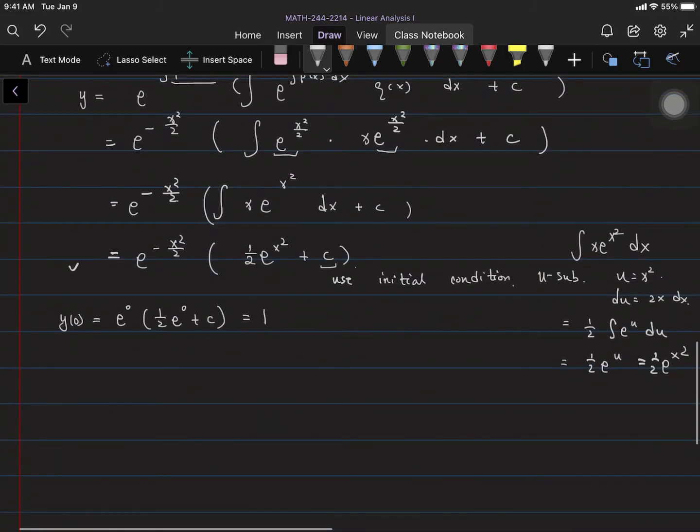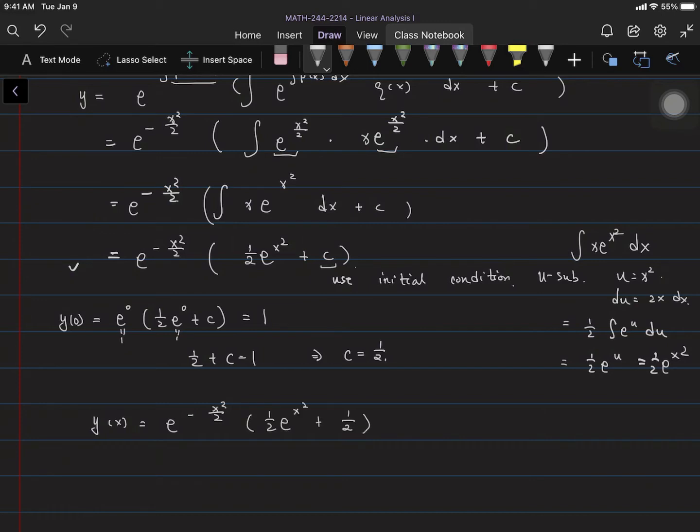Okay, simplify. So those are all ones. So it's like 1/2 plus c is 1. So what is c? c is also 1/2. And now we plug into our function. So y(x) equals 1/2 e to the x squared plus 1/2.